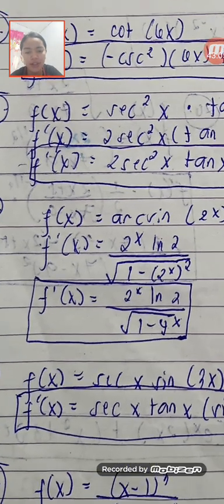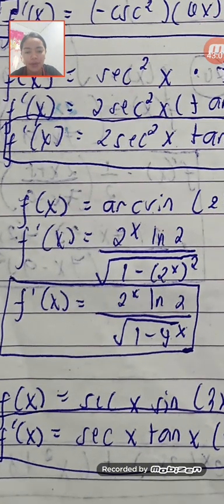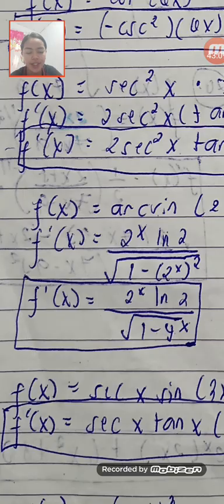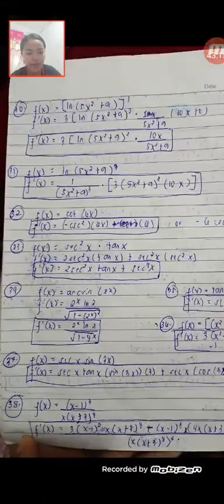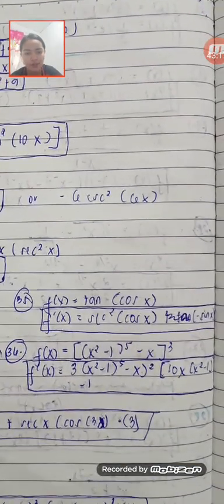Simplifying this, we come up with f prime of x is equal to 2 raised to the power of x ln 2 over the square root of 1 minus 4 raised to the power of x. So that is our final answer.